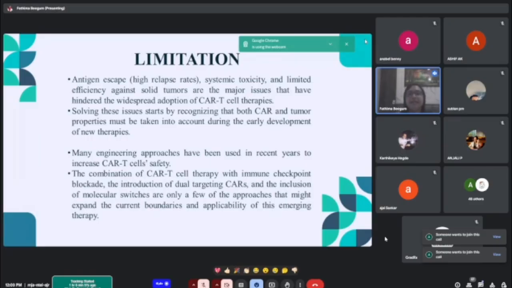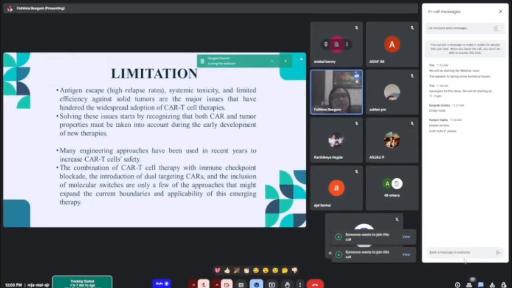Systemic toxicity is there. We can solve these issues by using, as I told you earlier, monoclonal antibody attached in CAR, receptors attached in CAR. Modified CARs can be used to prevent or to face these limitations.